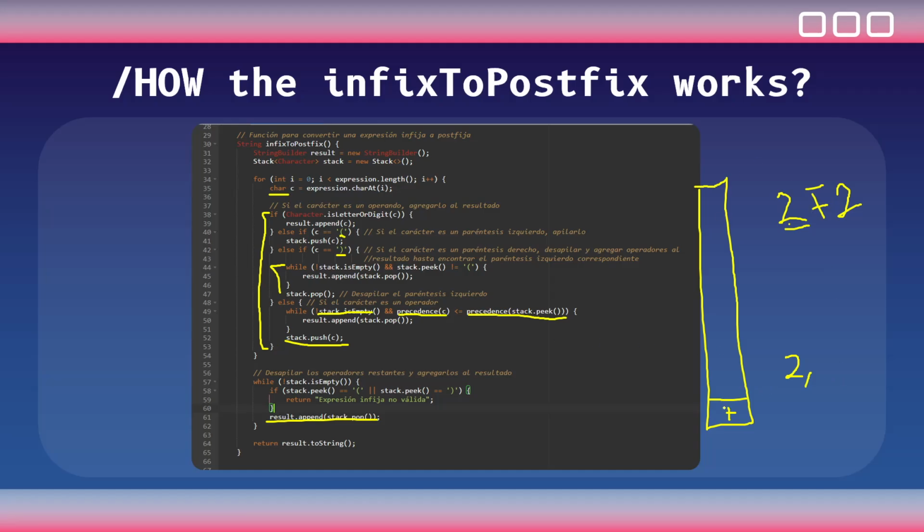So in this case, we put this C and we evaluate this, yeah? In this case, we have another two that like we saw in the other code will be here, yeah? Now, what happened? Well, now in the result.append stack.pop, we'll delete the last element of the stack, and we'll put this in the result, okay? In this case, it's plus.